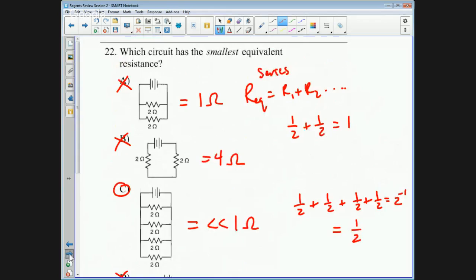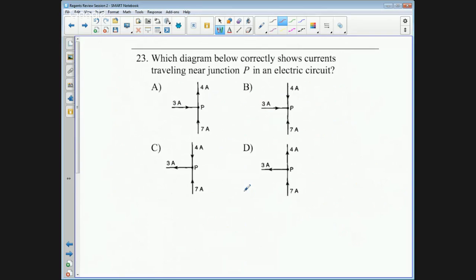For number 23, which diagram below correctly shows currents traveling near junction P in an electric circuit? Again, we can eliminate one of them right off the bat. B could be eliminated because we have all three currents going into the junction.